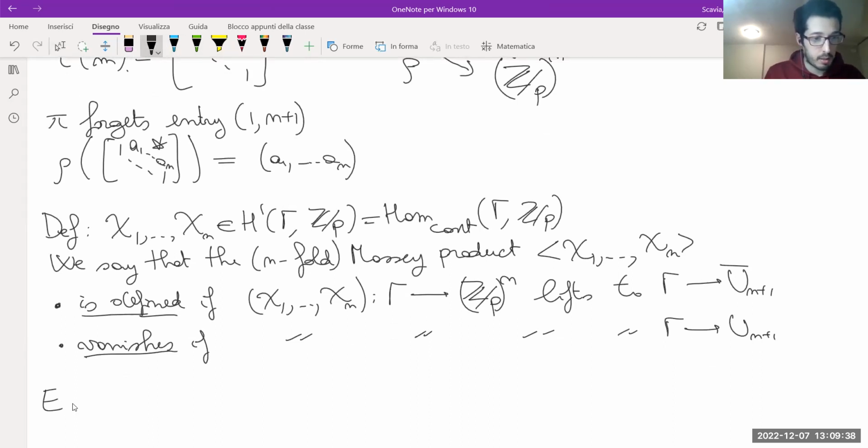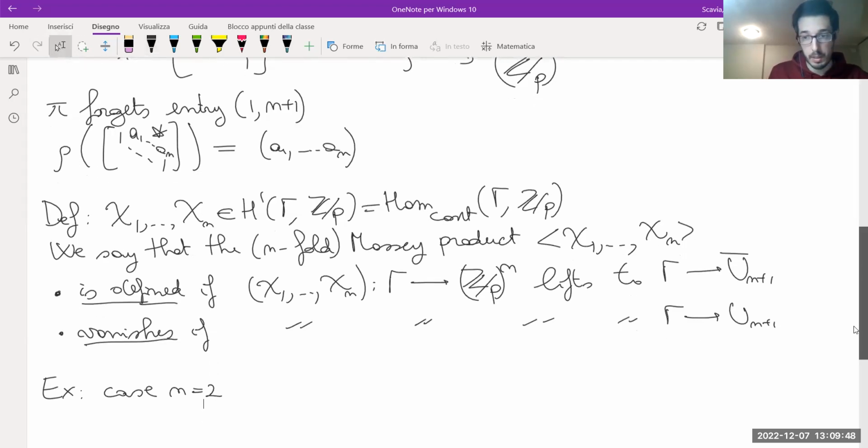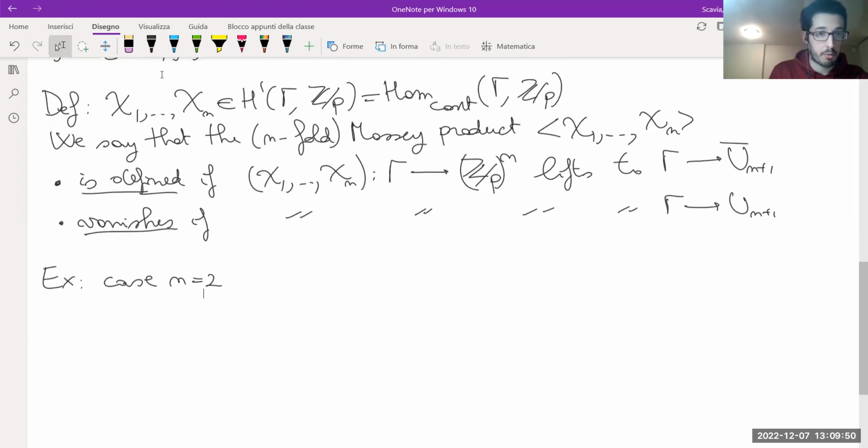So let's just see the smallest possible example, the case when n is equal to 2. Well, in this case U 3 is as small as it can be. It's 3 by 3 matrices.